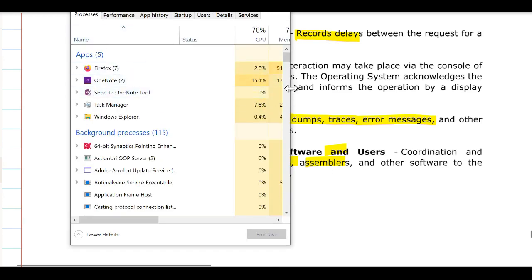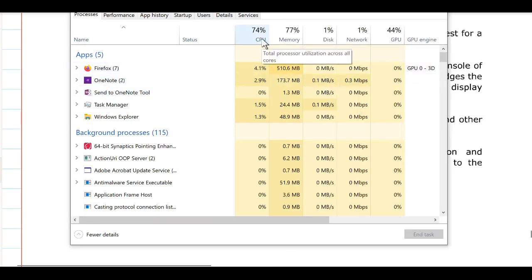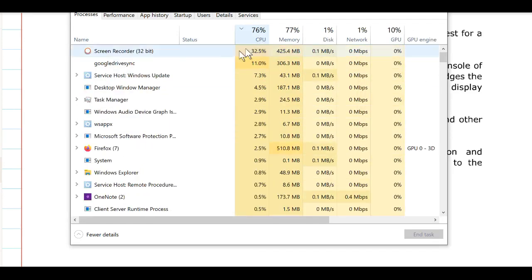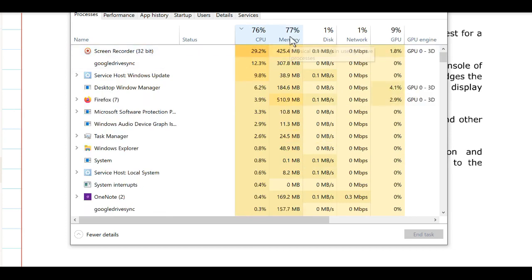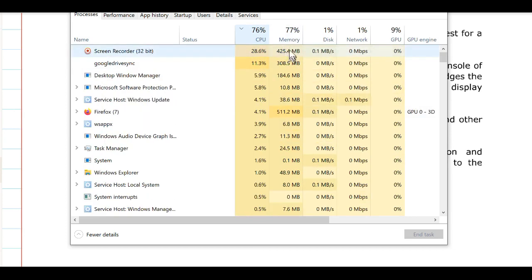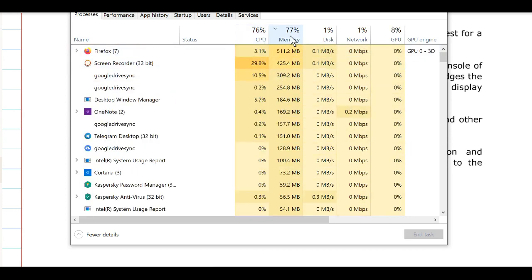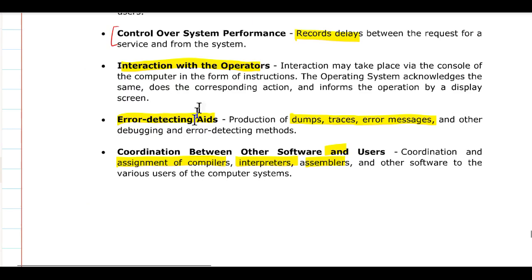It shows you that the CPU is being used very much by a screen recorder. The memory is also being hugely used by the screen recorder. You can see this one is quite huge, and you can also see in my scenario, Firefox is using so much of my memory even in comparison to the screen recorder. So that kind of control is actually the one performed by the operating system.